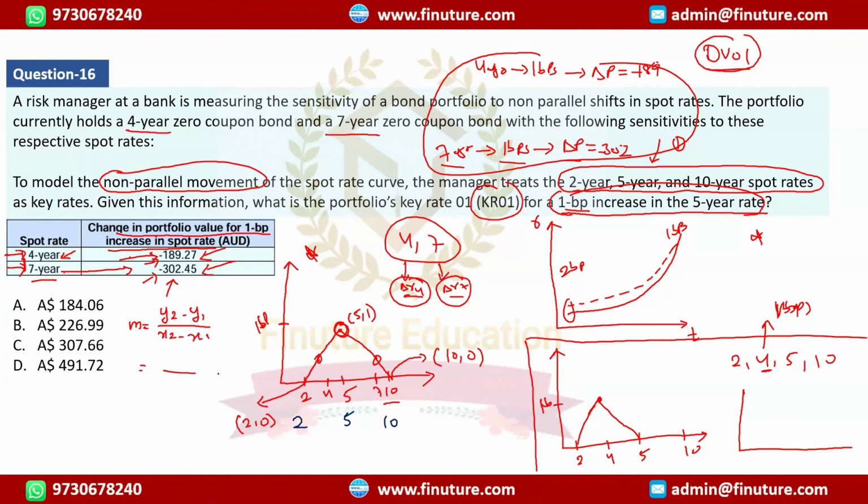My y coordinate is 1 here, so this is your x2 and y2, and this is your x1 and y1. y2 is 1, y1 is 0, and x2 is 5 and x1 is 2.